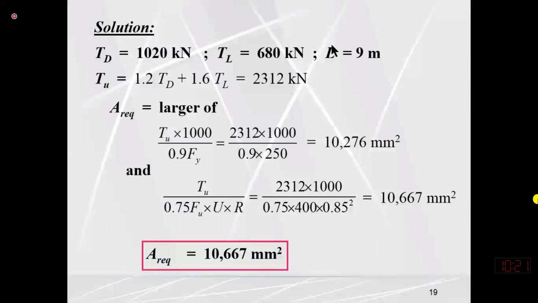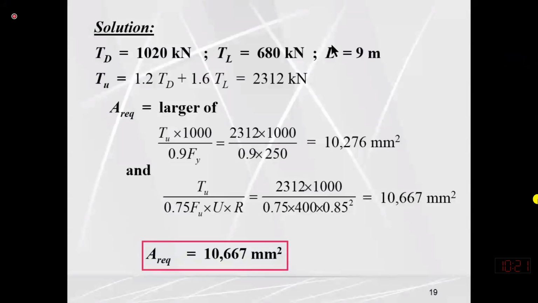We have to check all available options where the area is just equal to or a little bit more than this required area. Do all of you have the LRFD manual with you? Anybody, please respond. Yes, sir. Okay. I'm looking into the area column.